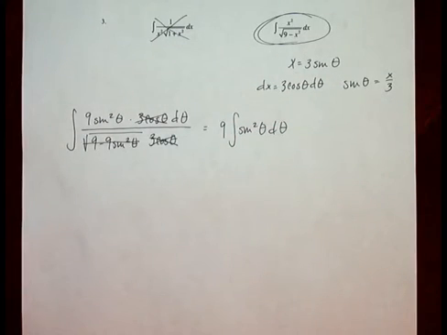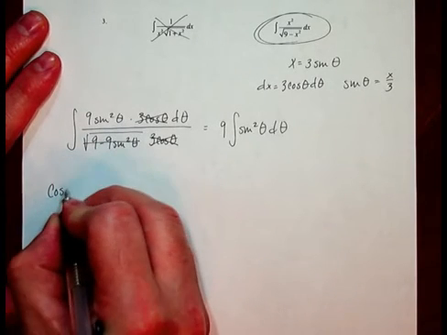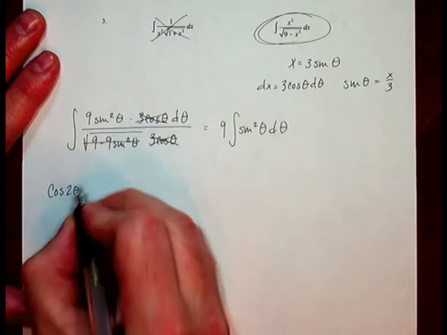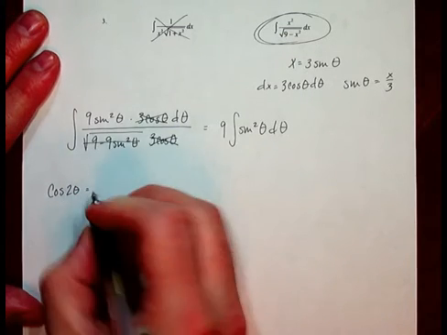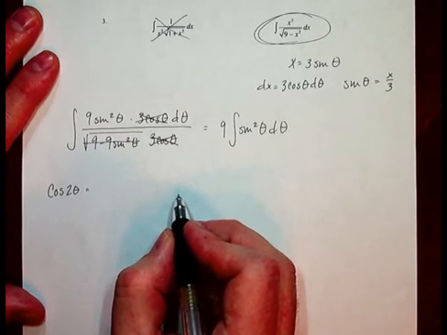Okay, well, this doesn't have a cosine, so I'm not going to do u sub, but what I am going to be able to do is use my power reducing, okay? And if you don't remember power reducing, it comes from the cosine, let's call it theta, since we're actually using theta in this particular one. Cosine of 2 theta is, of course, cosine squared minus sine squared.